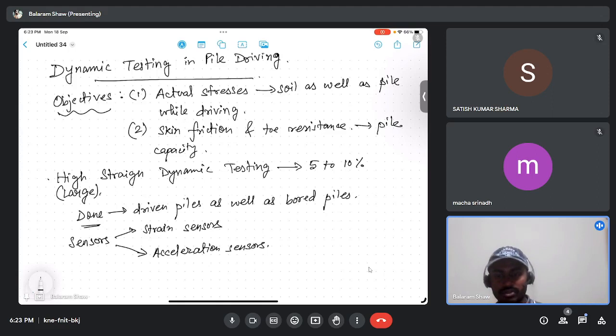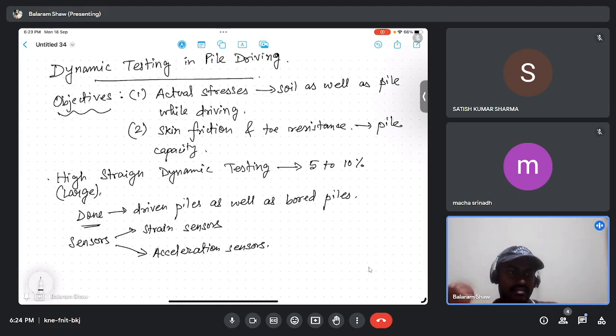So there will be some strain sensor, there will be some acceleration sensor, and based on that we'll get all the data and we'll understand whether the properties or the structures are changing or not. So what is the beauty of the test? Anyway we are driving the piles, so while driving the piles only we'll use the sensors and then we'll get whatever information we need.